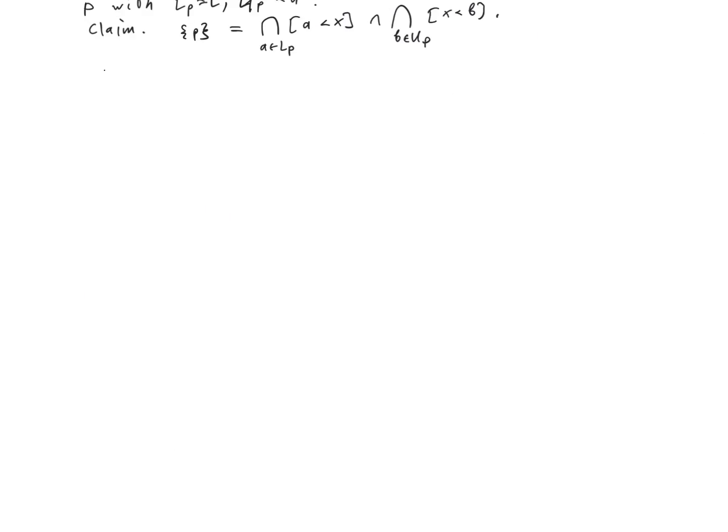To prove this claim, suppose that Q and P are two distinct types, but LP is equal to LQ and UP is equal to UQ.